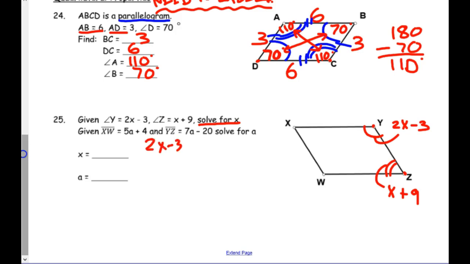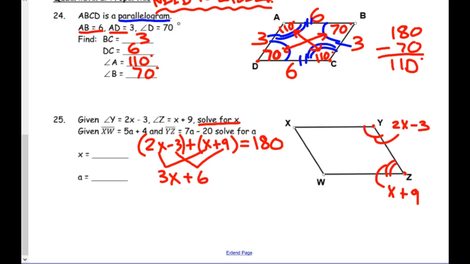2x minus 3 plus x plus 9 equals 180. Please notice the x's are on the same side of the equal sign. So we are going to combine like terms. 2x plus 1x, 3x. Negative 3 plus 9, 6.